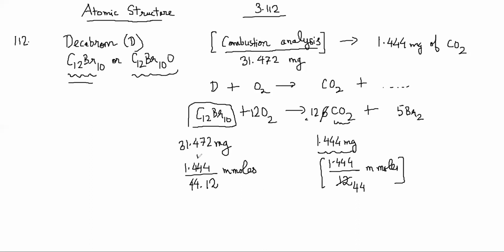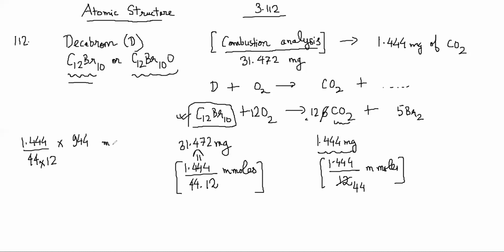So that apparently weighs 31.472 milligrams. Let's check: 1.444 by 44 into 12 millimoles into the molar mass of decabrom. If the formula is this, then the weight should be 12 times 12, 144, plus 10 times 80, 800, so 944.